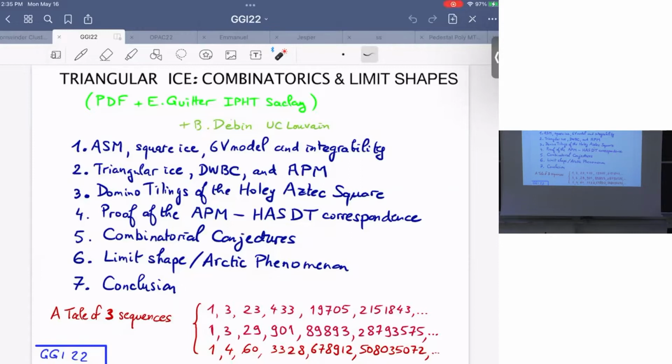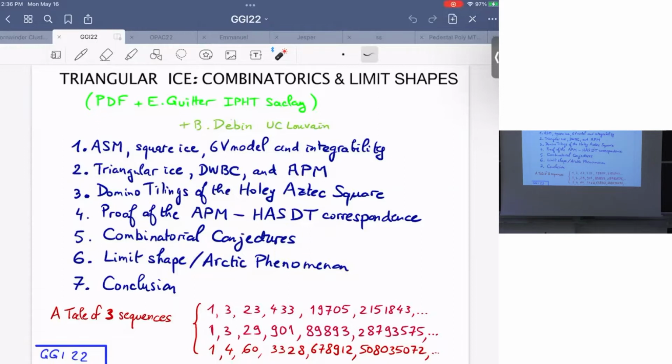Because there are many other ways of defining domain wall boundary conditions, I'll show you some of those other ways for which I found interesting conjectures. So there it's not proved. And it's a conjecture which also connects the counting to counting of domino tilings of other domains. So the main thing here is that we traded rhombus tilings for domino tilings, basically, by going from square lattice to triangular lattice.